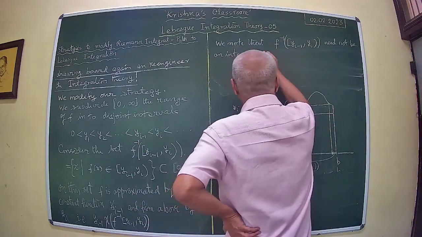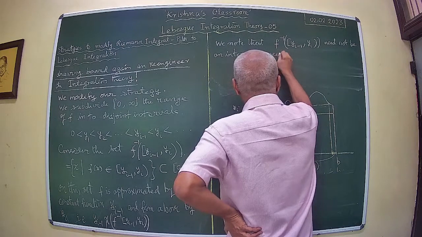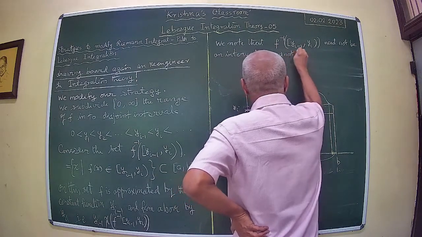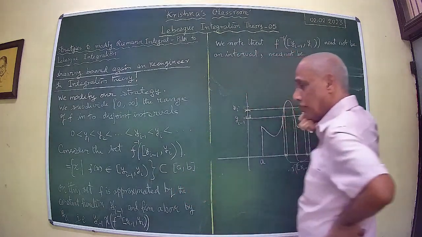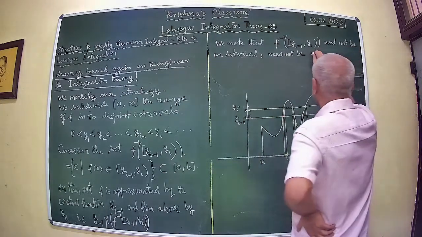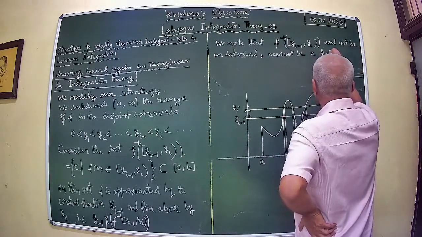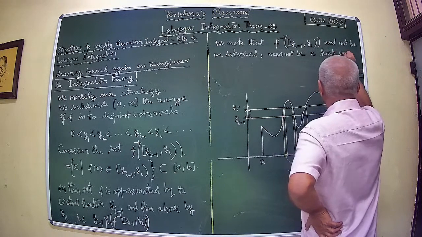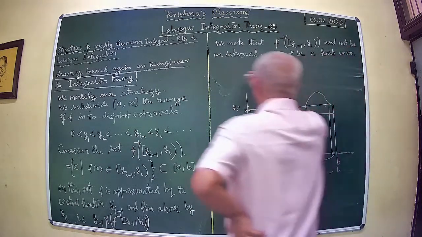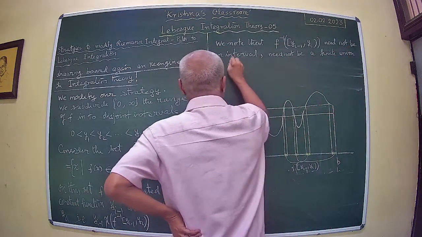Need not even be a finite union of disjoint intervals.